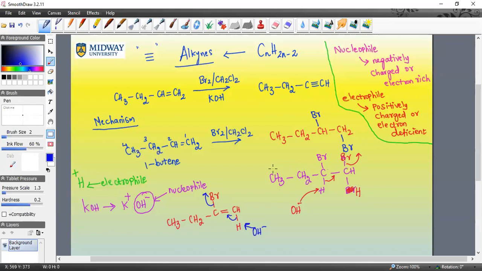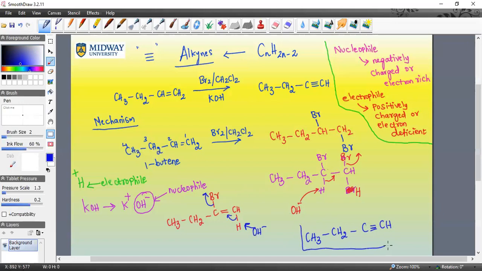It takes us back to the first or second class where I said carbon cannot have more than 4 bonds. If you bring this here and you don't get rid of it, this carbon now has 5 bonds, and that's not something you can have. And Br is a better leaving group, so it's got to leave, which leaves us with our ultimate product, which is CH3, CH2, C, triple bond, CH.